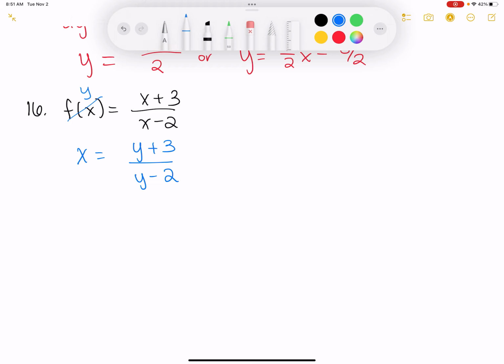What are you saying to do? Multiply the whole thing by y minus 2 over y minus 2. That's going to give me a whole lot more y's than I want. You're on the right track with what we're multiplying, but not how.